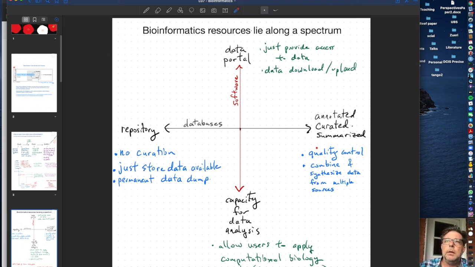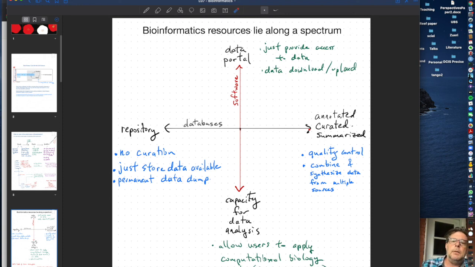So here, you're trying to synthesize data from multiple sources and put that together into a presentation of what we believe is the state of the art for whatever object we're talking about, like a gene or a protein or the genome of an organism. And we'll see some examples of that. But for the curated databases, I want you to understand the fundamental difference between this end of the axis and this one.